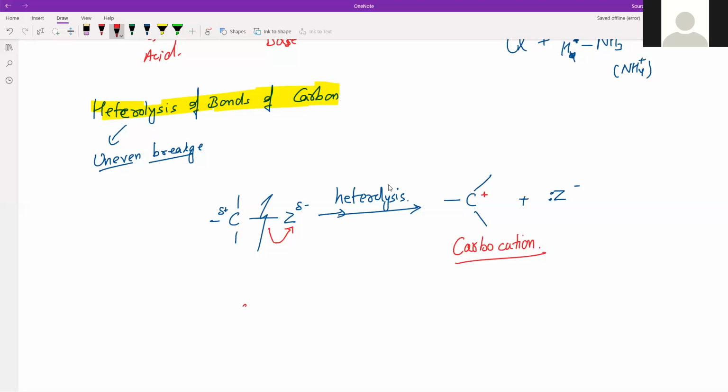Next will be just the opposite of this, that is the carbon, and say for example this Z, which is now having a slightly positive charge. Okay, so now after heterolysis, what happens is again simple. Now Z plus is still there, but this is less electronegative.